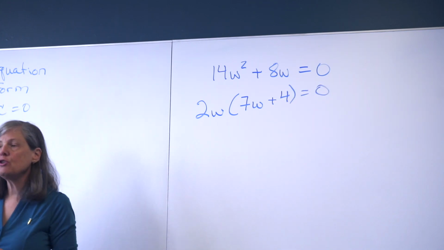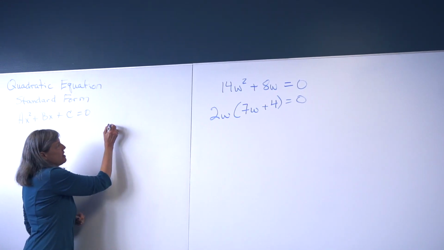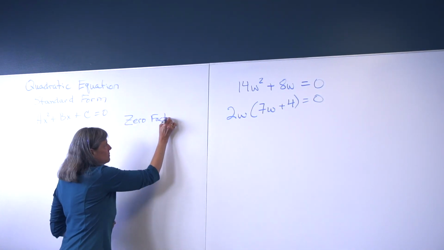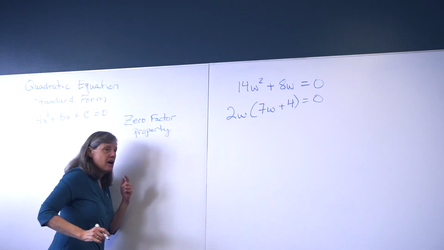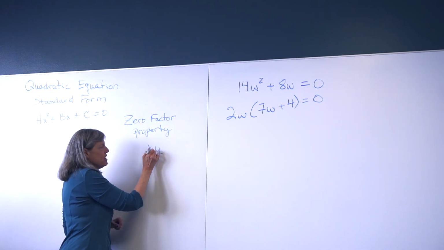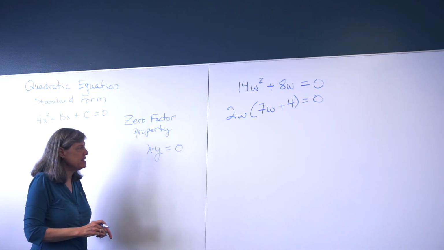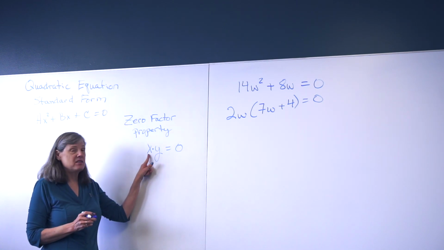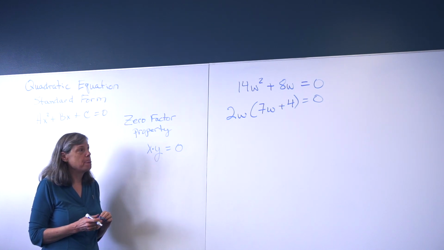Now, in order to actually solve this for w, we have something called the zero factor property. It comes from the idea that if I am multiplying two things together, and the two things multiplied together equals 0, that means that either my x is 0, or my y is 0, or both of them are 0.